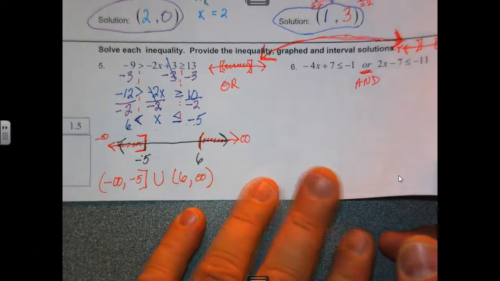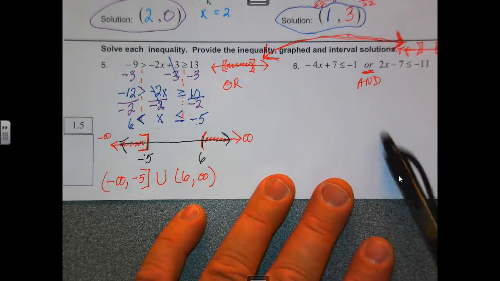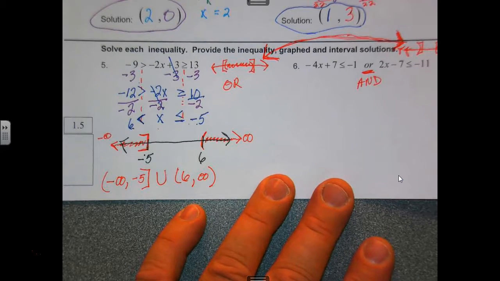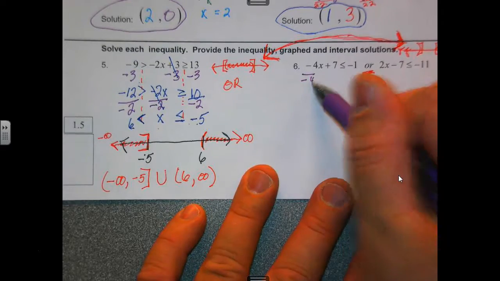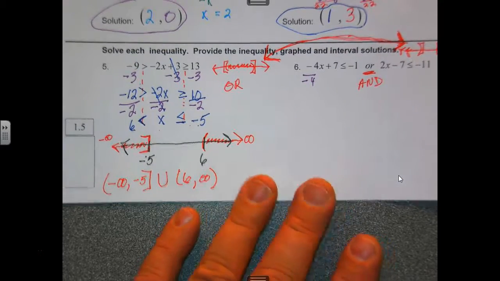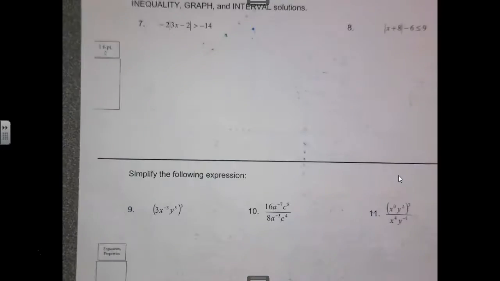Yeah, let's do the back real quick. By the way, this switches to an and problem because why? Eventually, I'm going to be dividing by a negative 4, which is going to flip the sign. That's what makes it an and problem. Let's do the back real quick because that's new stuff.